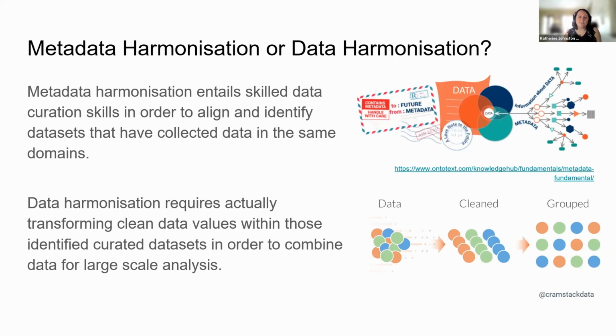So these are largely related to metadata harmonization, and it's a really necessary process in order to be able to harmonize the actual data values in identified harmonizable data sets.